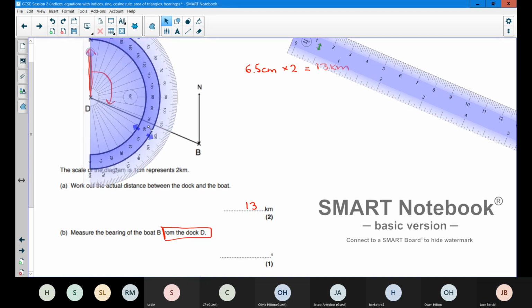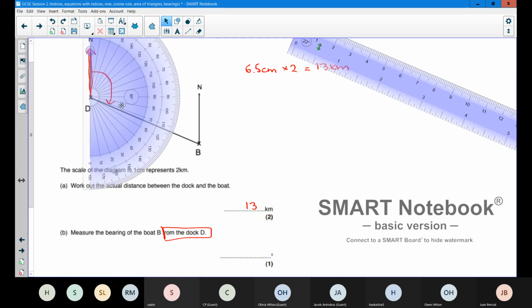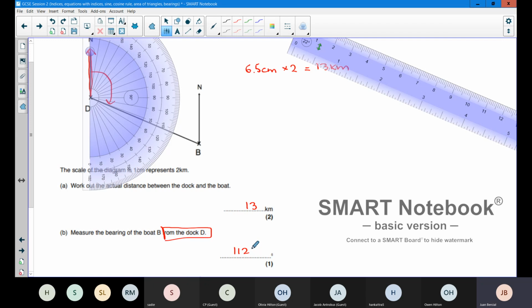So it is 112, yeah, about 112. So that is 112 from north. Okay, so remember that's the way we measure the bearing.